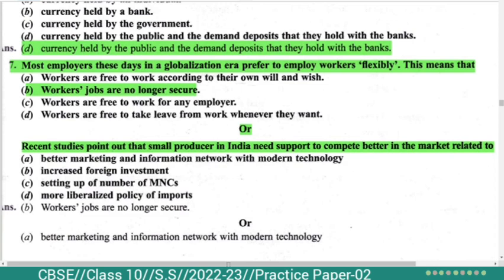D. More liberalized policy of imports. Here the correct answer is better marketing and information network with modern technology. Recent studies point out that small producers in India need support to compete better in the market related to better marketing and information network with the modern technology.